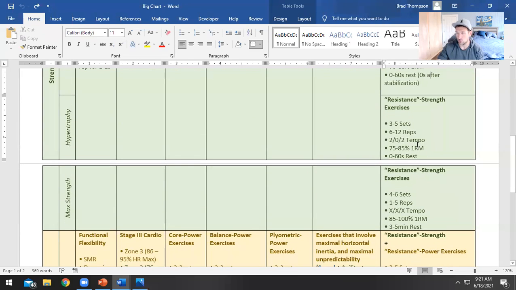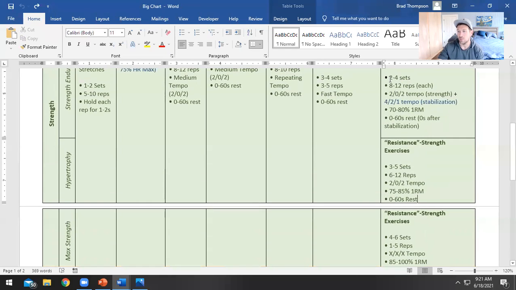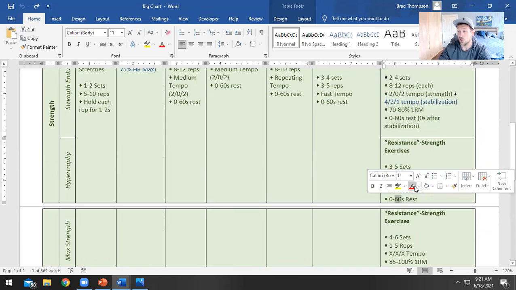In the resistance strength section, you're going to do about 75 to 85% of your 1 rep max. So we're going to take about 0 to 60 seconds of rest as well. That's somewhat similar to strength endurance. And honestly, this is where some people disagree with NASM. There's an argument to be made that taking this up to about 2 minutes might be effective for hypertrophy as well.